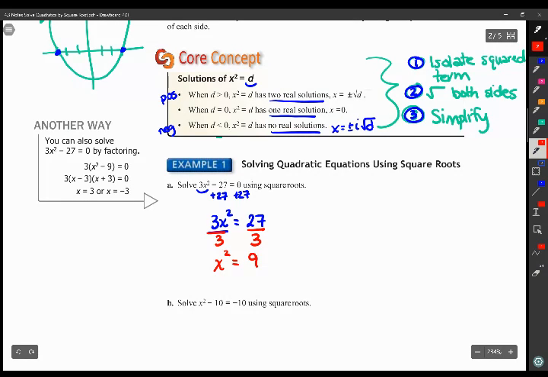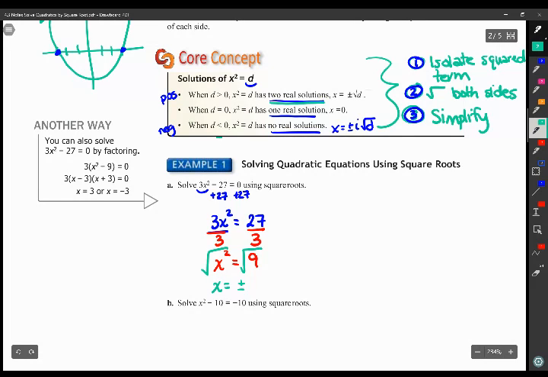And then the last thing we're going to do, so we've done step 1, isolate the squared term, is take the square root of both sides. And we get x is equal to, notice that this is a positive 9, so we get two real solutions. Right now it kind of looks like we don't have two real solutions, but anytime you draw the square root sign, we also need to remember that means positive or negative.